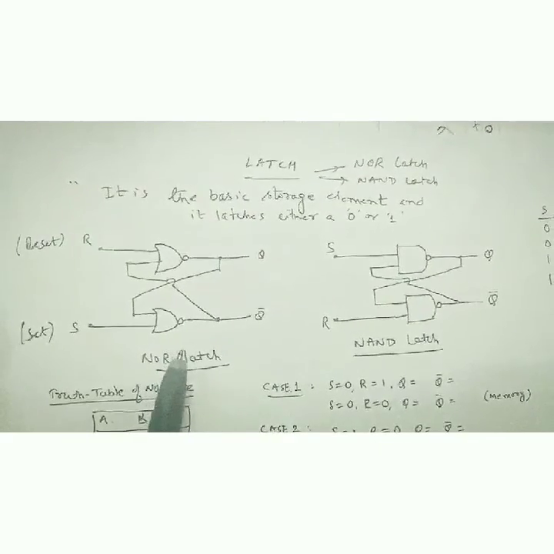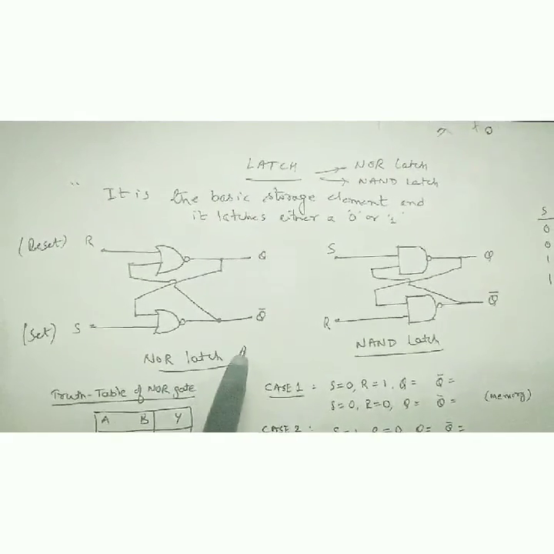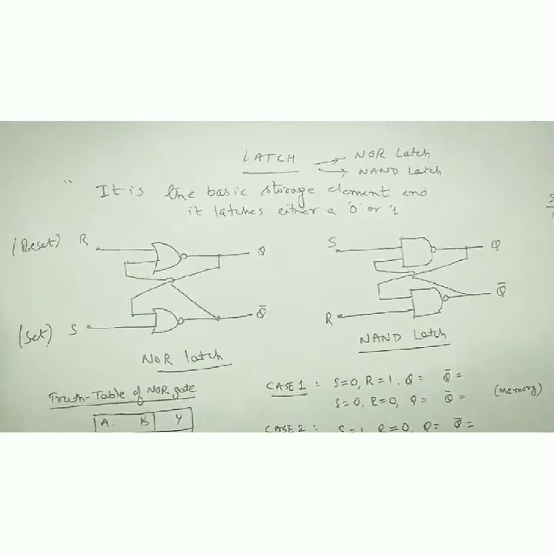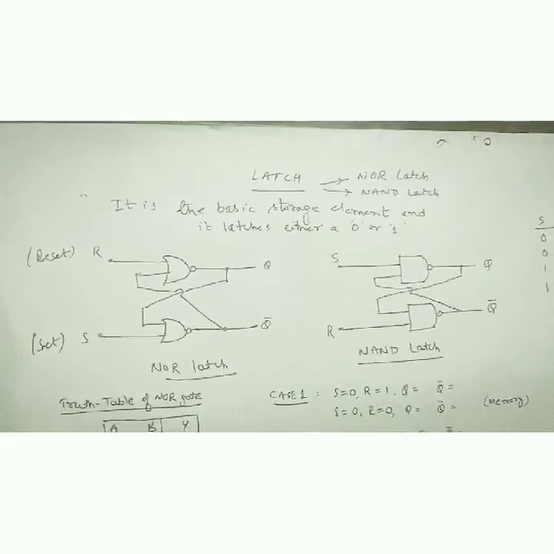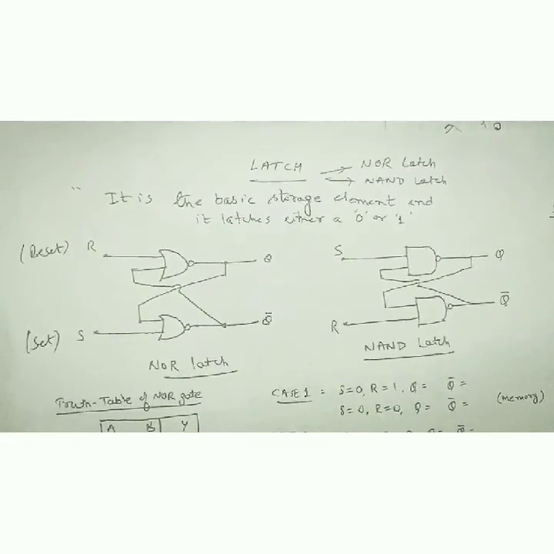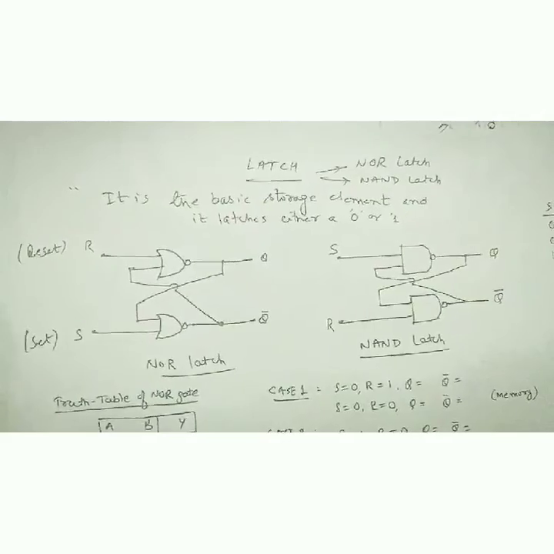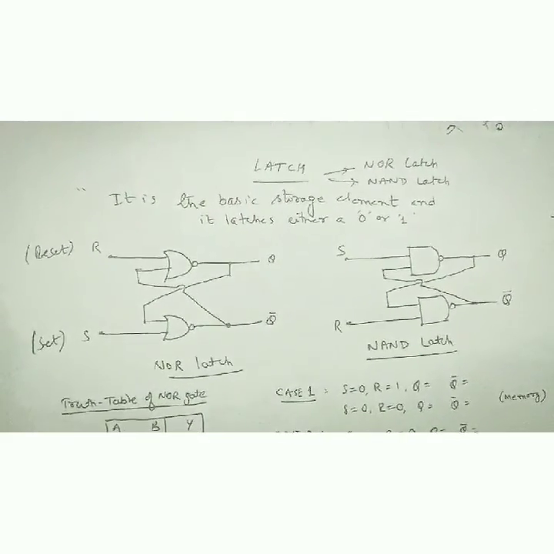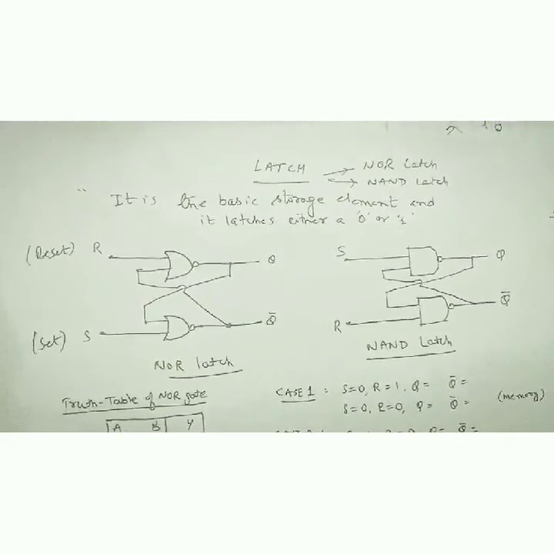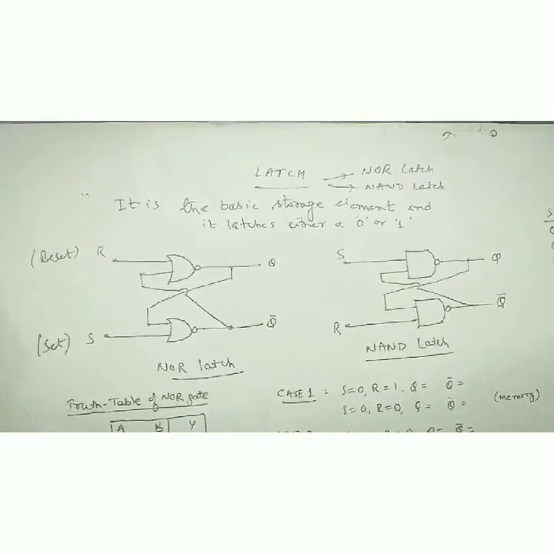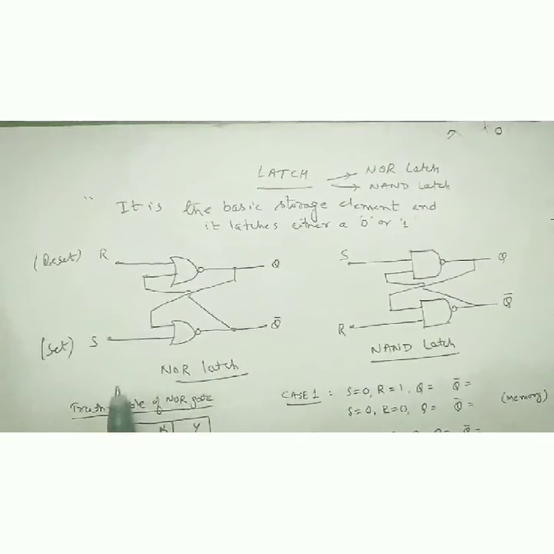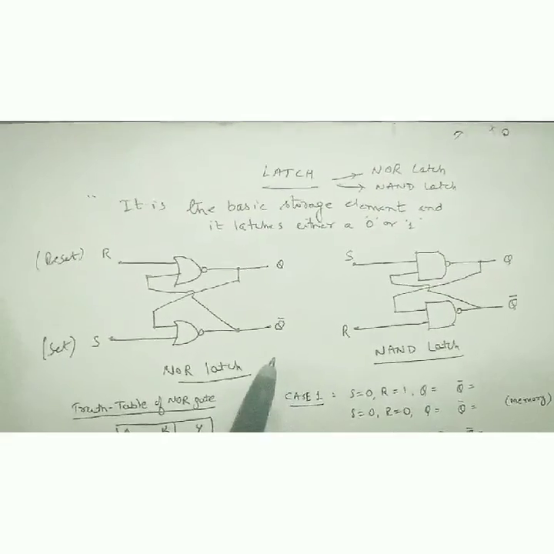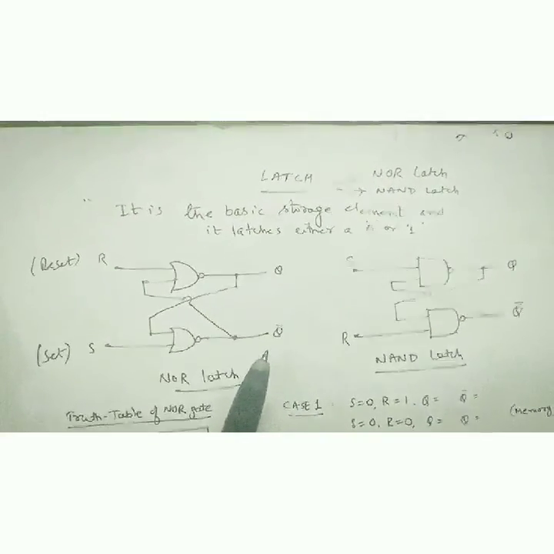So this is the main drawback, and this is the only disadvantage, because the way these two circuits are connected, this might change the way data is stored in the outputs, and that may be intentional or it may be accidental, as a result of some other circuits being connected to these NOR or NAND latches. As a result, the data gets changed.